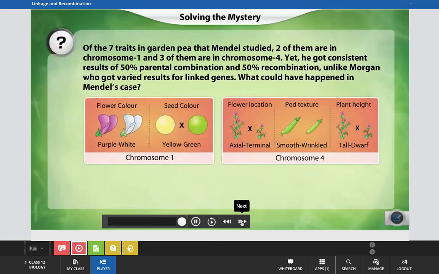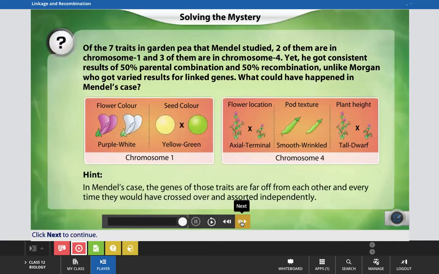Now, you can see this example for which the hint is given here to solve the mystery. Of the 7 traits in garden pea that Mendel studied, 2 of them are in chromosome 1 and 3 of them are in chromosome 4. Yet he got consistent results of 50% parental combinations and 50% recombinations, unlike Morgan, who got varied results for linked genes.